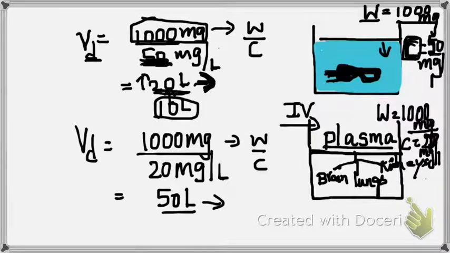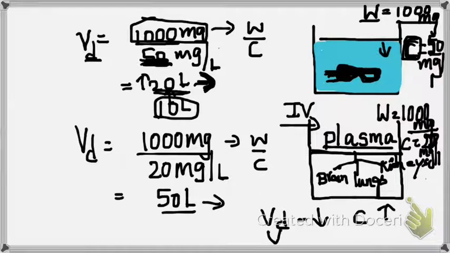If the volume of distribution is low, it means that more of the drug is present in the plasma. The concentration of the drug is present more in the plasma.